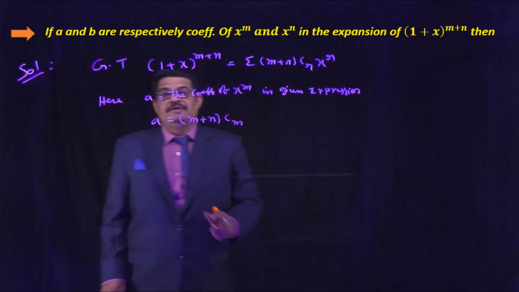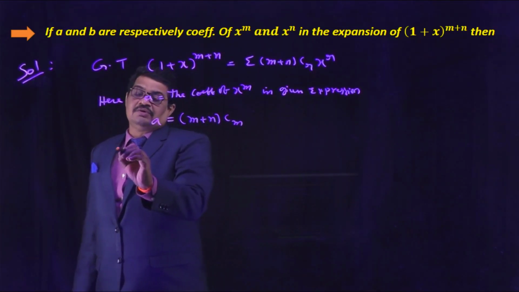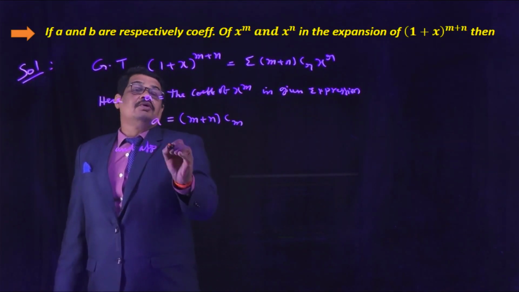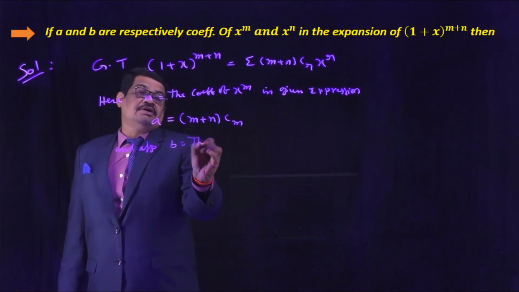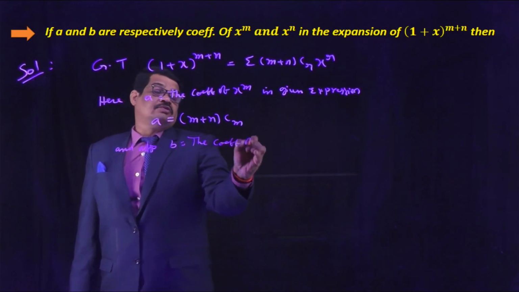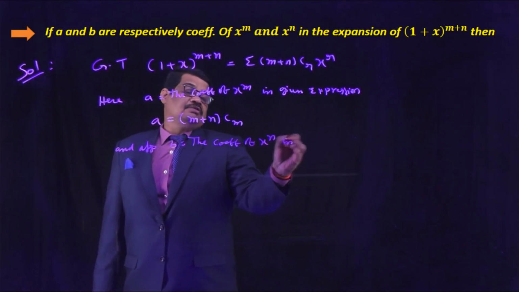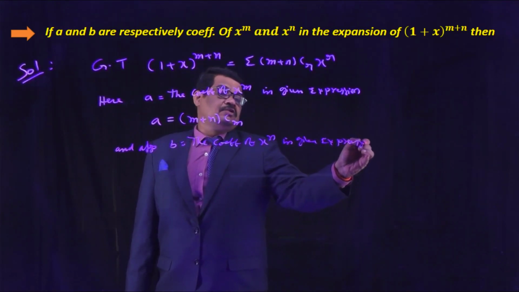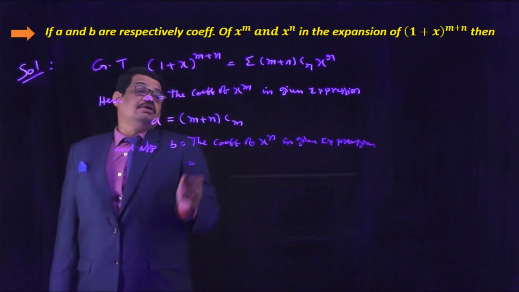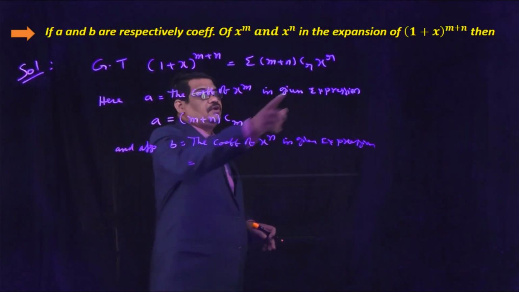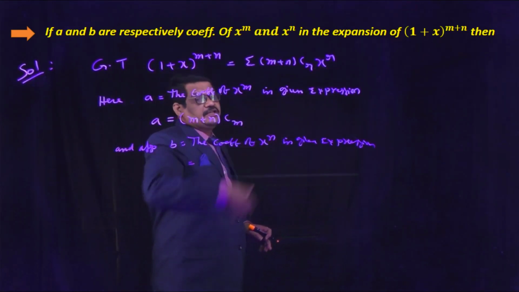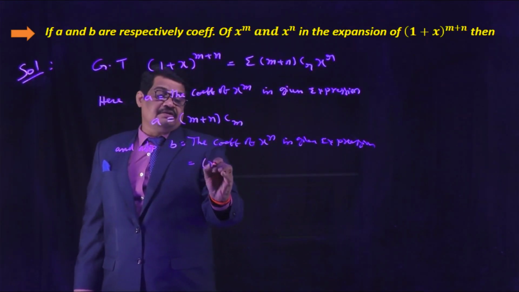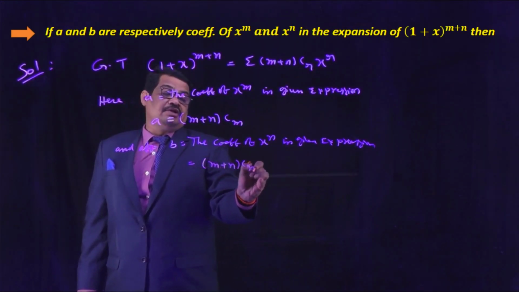And similarly, b is the coefficient of x to the power of n in the given expression. For r is equal to n, we get the x power n coefficient, that is m plus n C n.